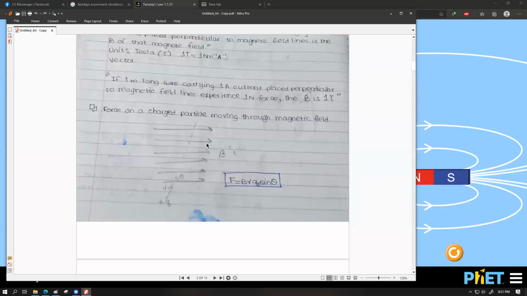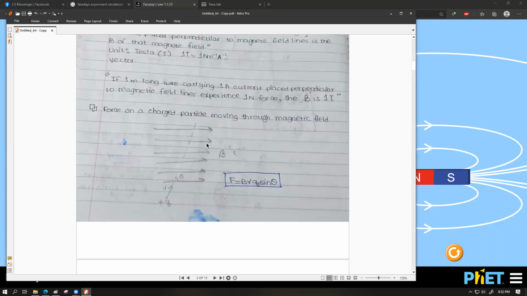What I'm trying to get in your head, what I'm trying to tell you, is: what is current? Current is the flow of charge. So it is not imperative that we must have a conductor and a bunch of charged particles flowing through that conductor to give us a current. It's not essential.